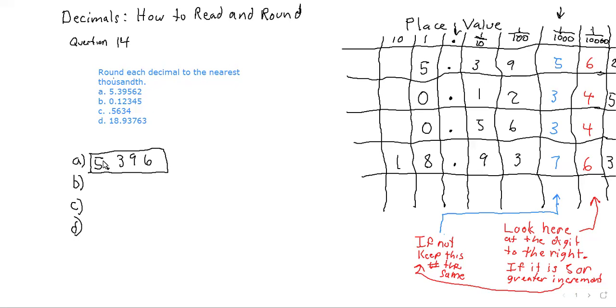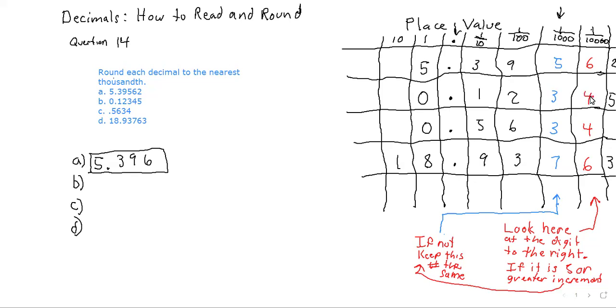Now we're going to go to the next one. Same procedure. We're looking at the thousandths column, which is all the numbers in blue, and we're going to use the numbers directly to the right of that, the numbers in red, to determine whether or not to increment those blue numbers. So here we have 0.12345, that's B, and we want to see if we need to increment this or if it stays the same. We look to the number directly to the right, which is in red, and we ask the same question.